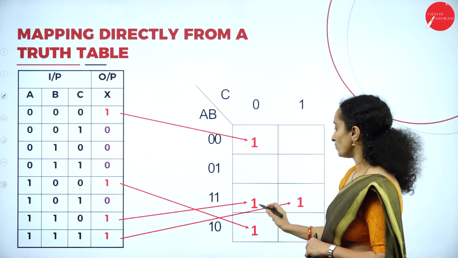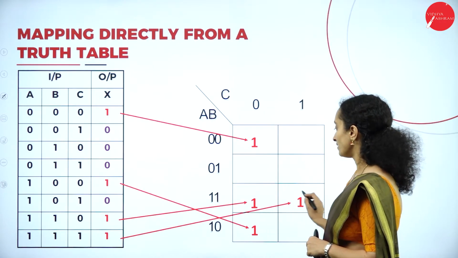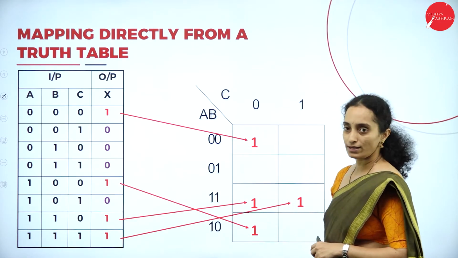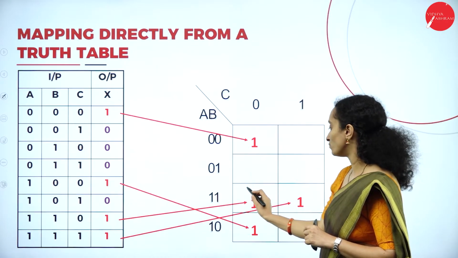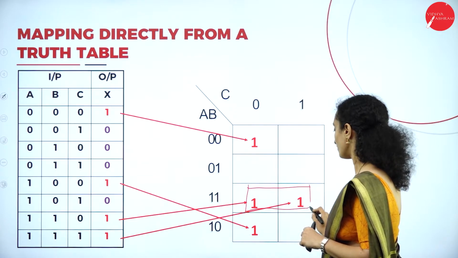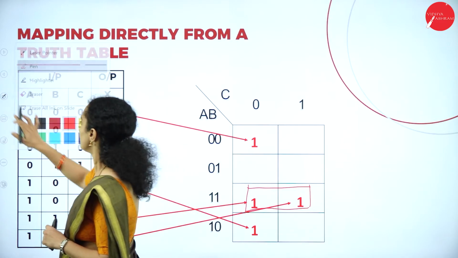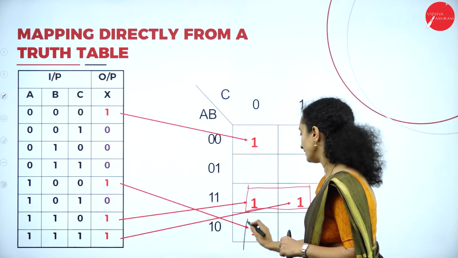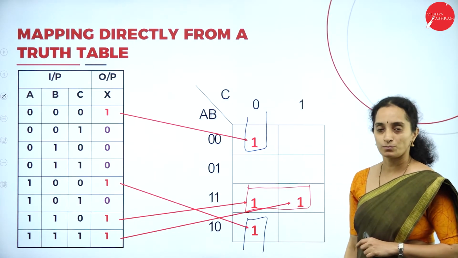Now, how do you group these variables? How many groups can you take? You can combine these two variables, or these two variables and these two. Once grouped, we'll have the first group and the second group.